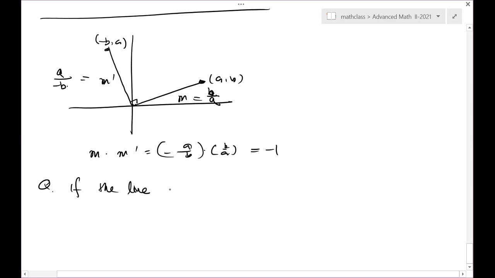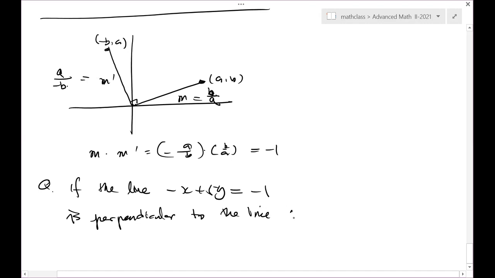If the line -x plus 5y equals -1 is perpendicular to the line 5x plus ky equals -2, what is the value of k?